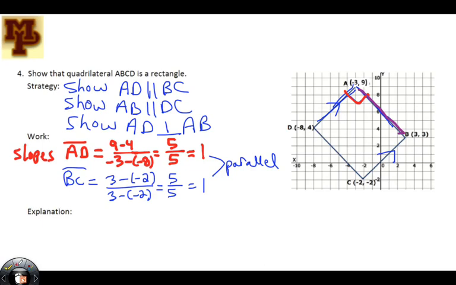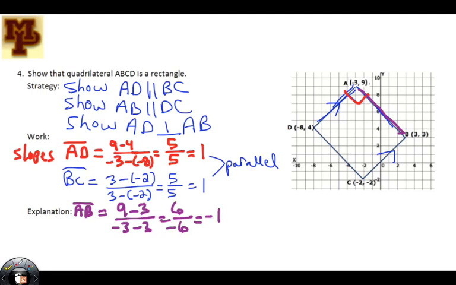So let's do AB. So slope of AB, that's a little messy, sorry. Slope of AB, we're going to do 9 minus 3, and then on the bottom, negative 3 minus 3. So that's going to be 6 over negative 6, which is negative 1.